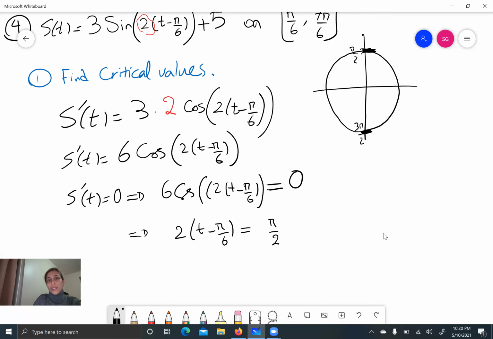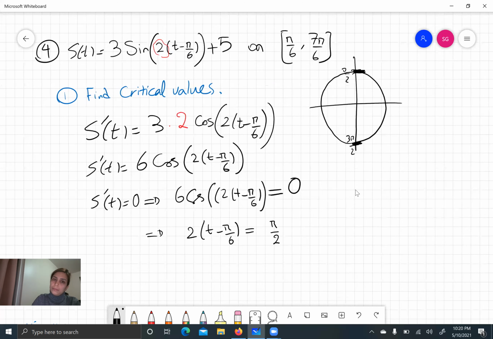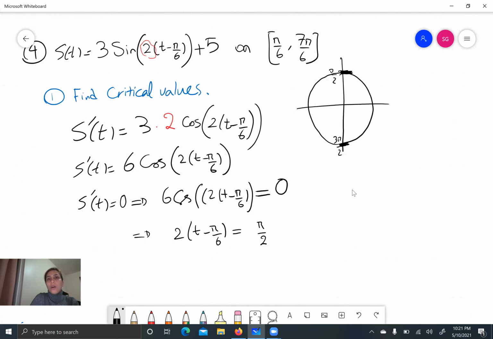However, since we are looking at the interval between pi over 6 and 7 pi over 6, we don't need to look at the entire domain and then restrict it; it is already restricted.